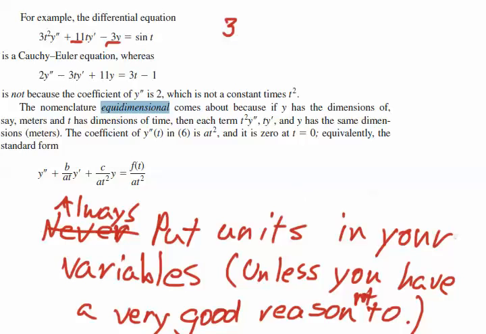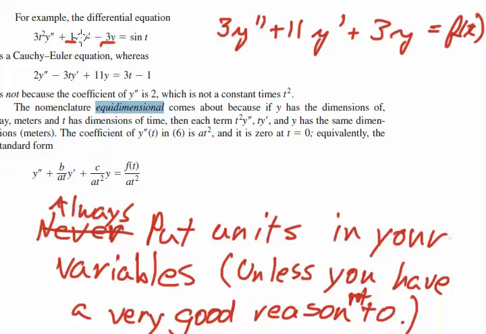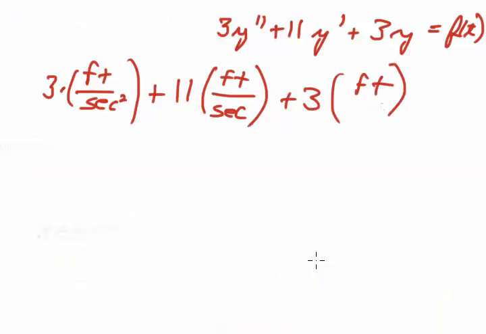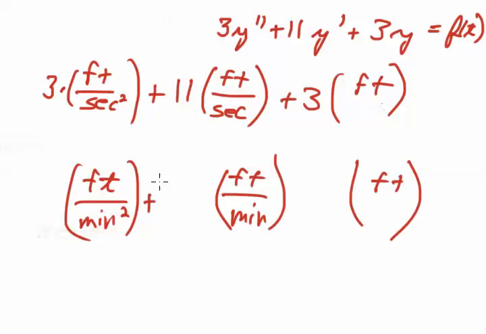Let's look for a second at a different version of this that just has the constant coefficients. And imagine what we would need to do to convert this from units of feet per second and feet per second squared to a problem where we had, say, feet per minute and feet per minute squared.